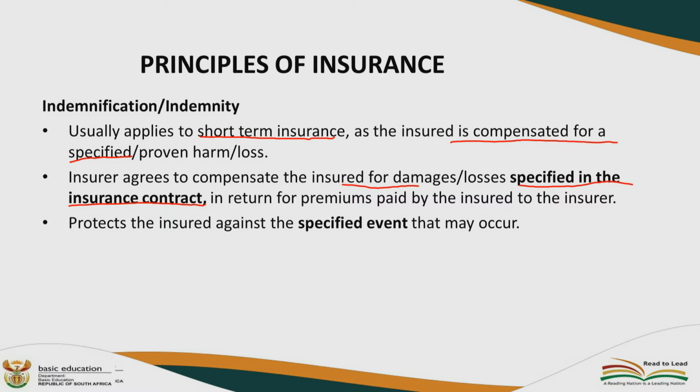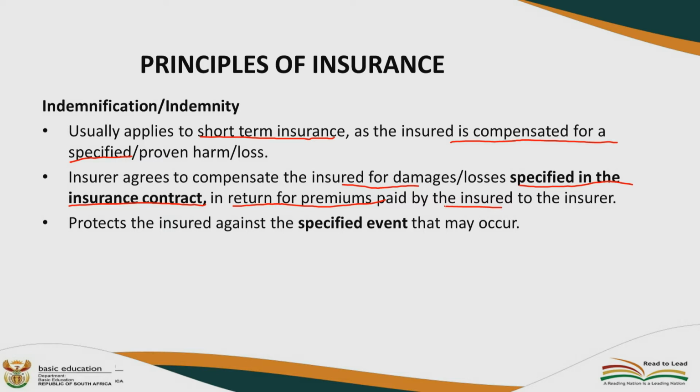In return, what must the insured do? The insured must pay the premium. So if you look at the principle of indemnity, you will see that it's taking us back to the definition of insurance.